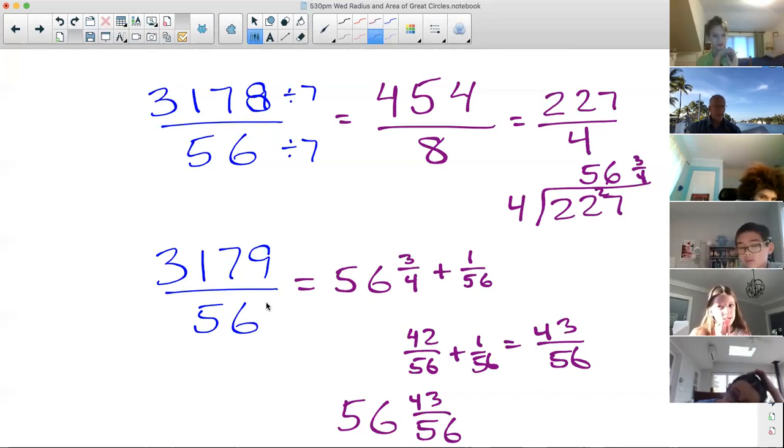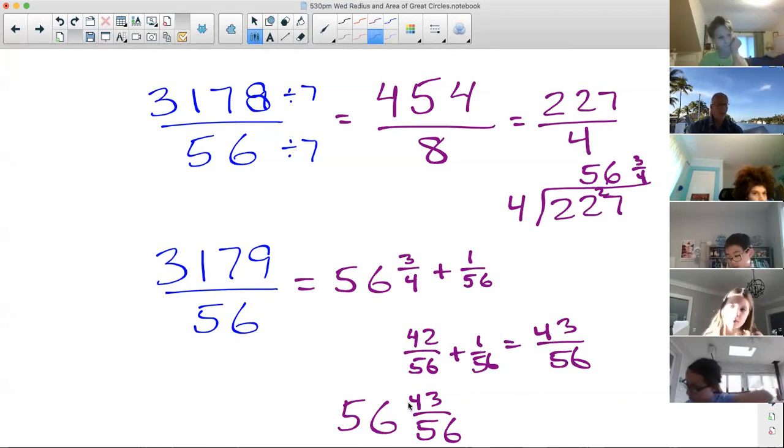But then, Claire, do you see that I have the 156 left over? And so then I just added 3/4 to 156, and I got 43/56. And this is the exact number.